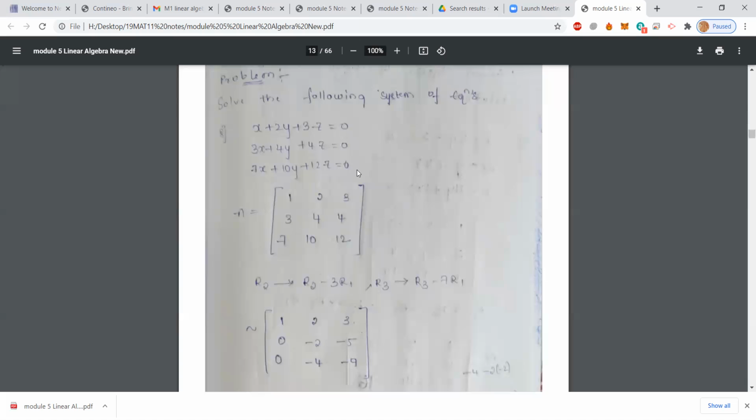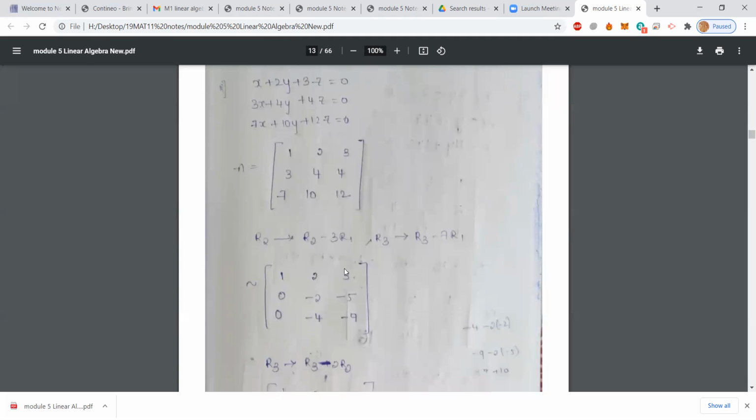So the given system is a homogeneous system of equations. First step, I am writing the coefficient matrix A. The first column is the coefficient of x: 1, 3, 7. The second column is the coefficient of y: 2, 4, 10. Then the third column is the coefficient of z: 3, 4, 12.